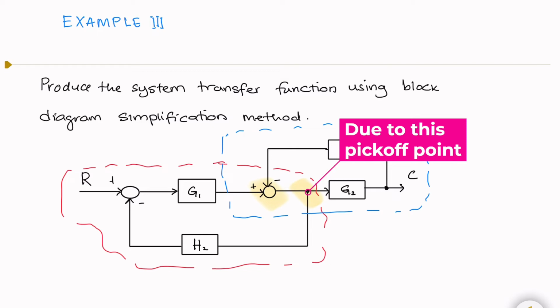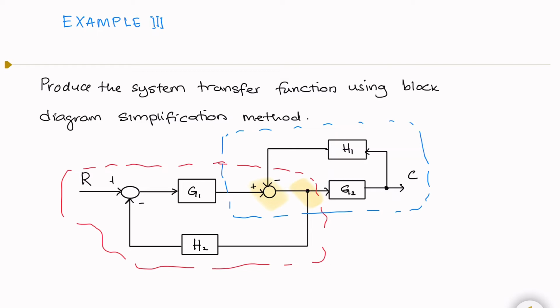So that's why we cannot simplify feedback loop number 2. Therefore, we need to move either the summation point or the pick-off point so that we will be able to simplify the feedback loops.